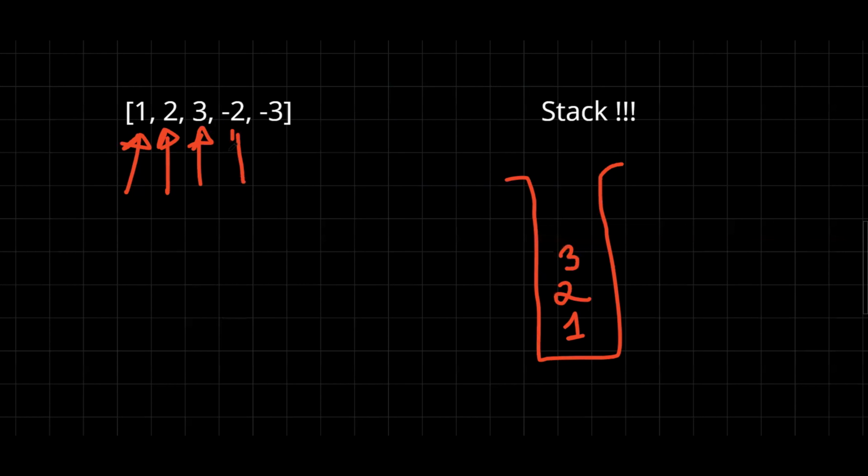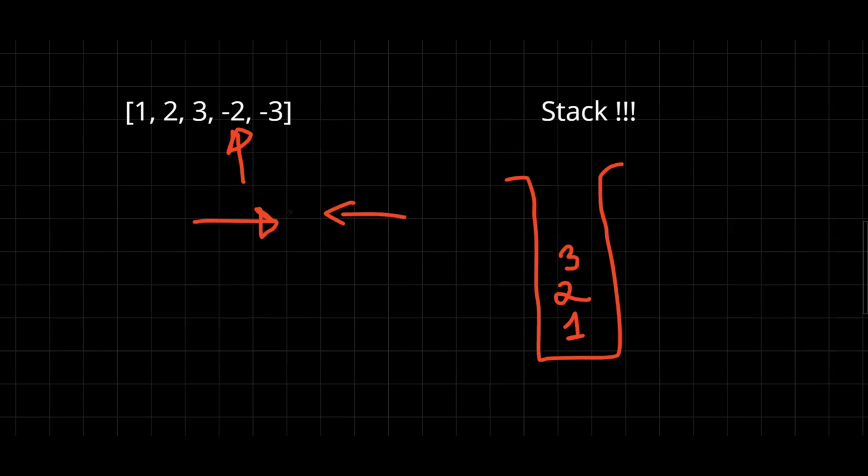Now, for this element -2, we have to check several conditions. As it is -2, its direction is towards left, and the previous element's direction is towards right. So there is a possible collision. Now we have to decide which of the asteroids will vanish.